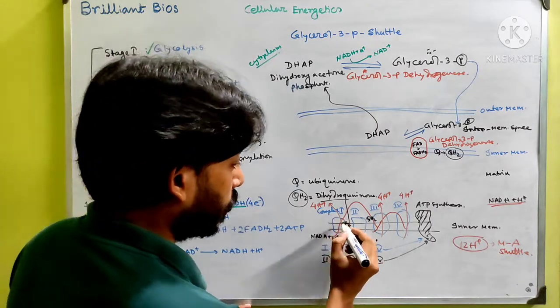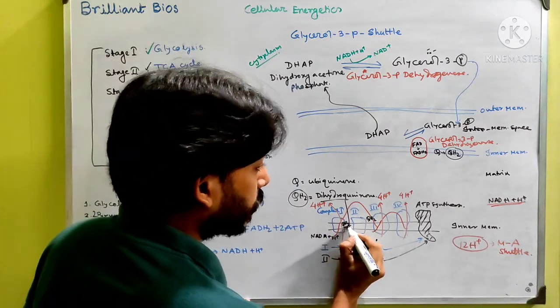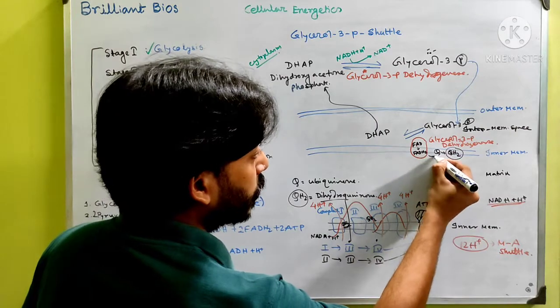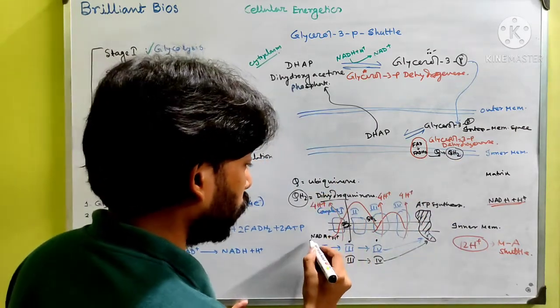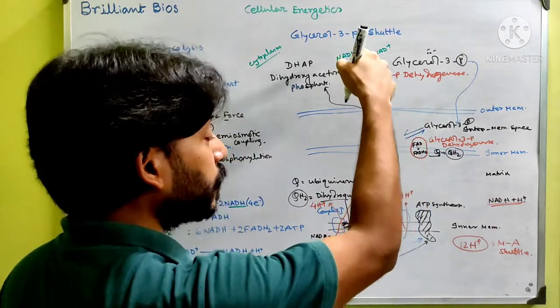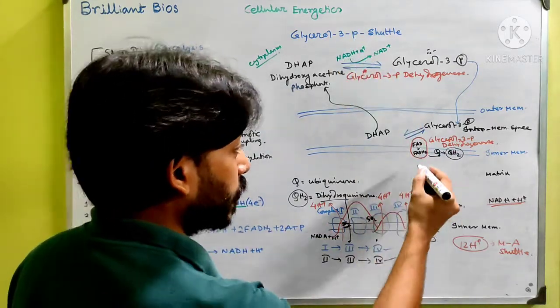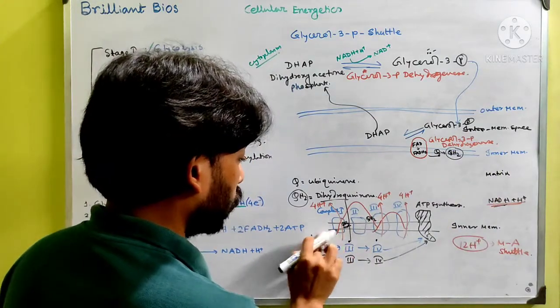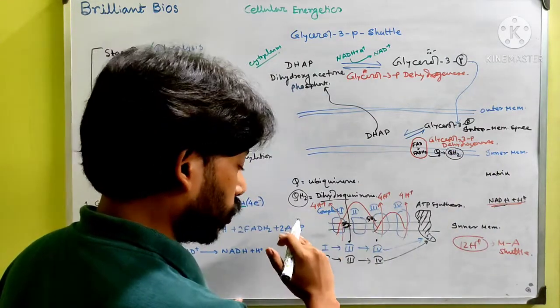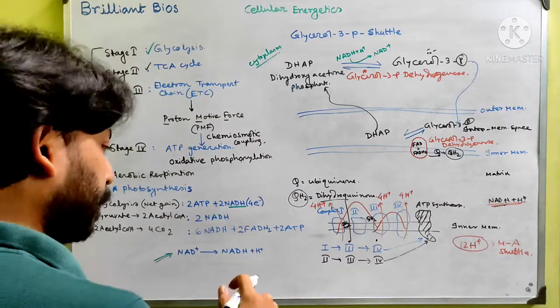Complex 1 generates QH2. Now this enzyme is generating the QH2, so there is no need for complex 1, because in the glycerol-3 phosphate shuttle there is no generation of NADH in the matrix, so there is no NADH, and complex 1 will be bypassed.